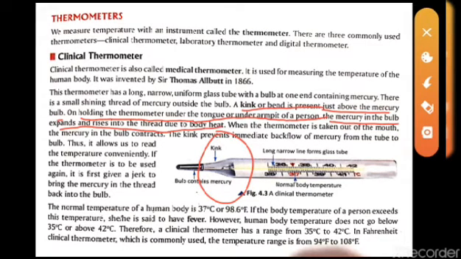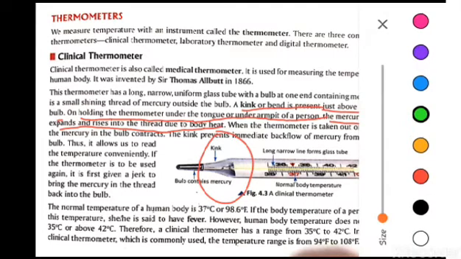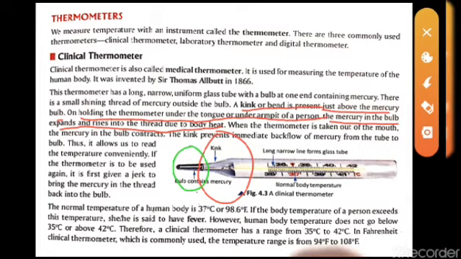So whenever this bulb is put under the underarm or in the mouth of a human being, the mercury will expand into this thread, and the more it expands, we can see the accurate temperature from here.